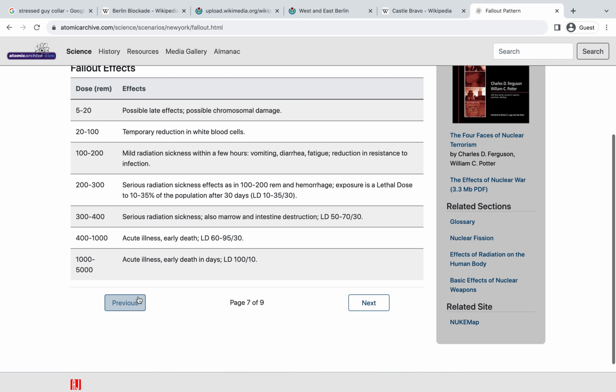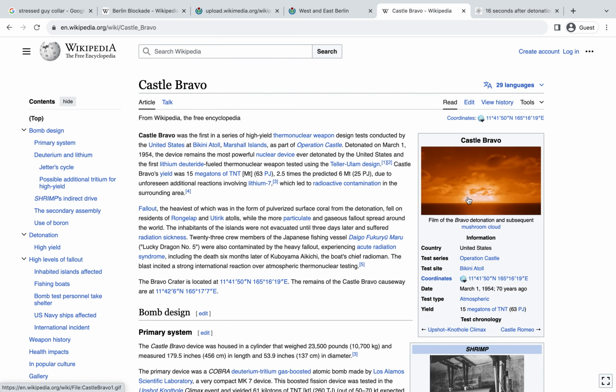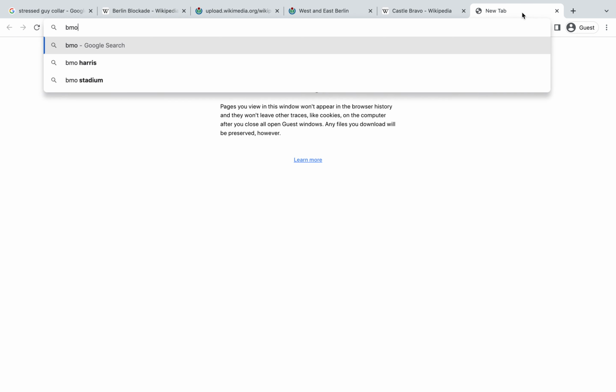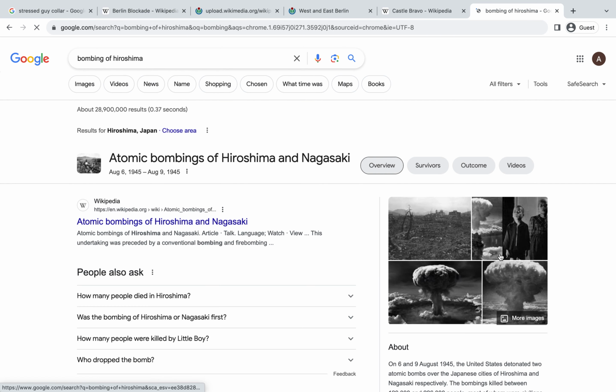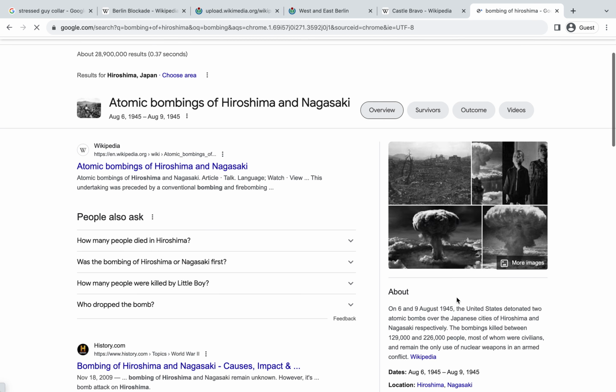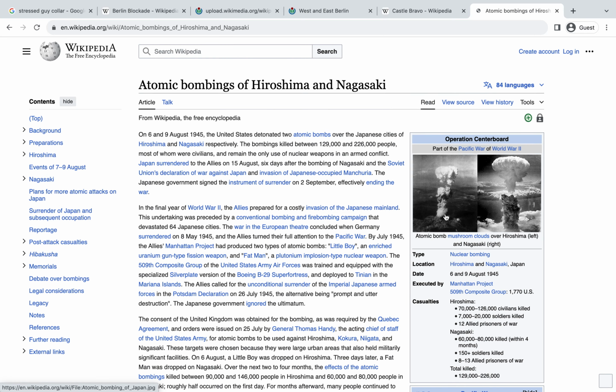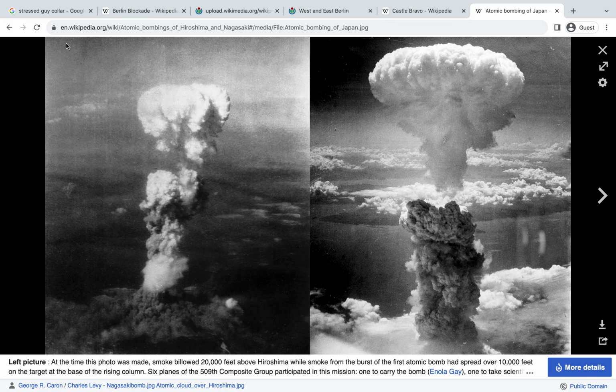My point is, you see this explosion. Let's just take a look at this real quick, and we'll get back to our third event here in just a moment. I've gotten off track, but you look at an explosion like this, and then when you look at the detonation over Hiroshima or Nagasaki, this one on the left here is the first nuclear explosion used in warfare.